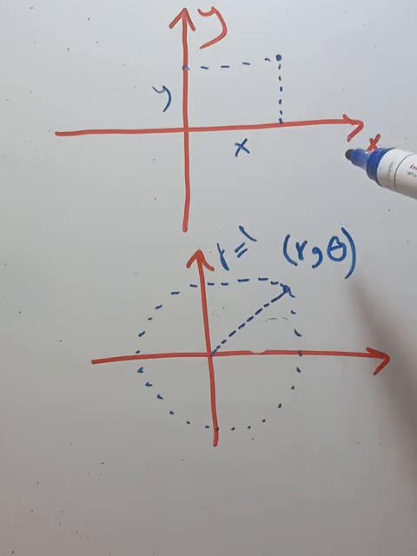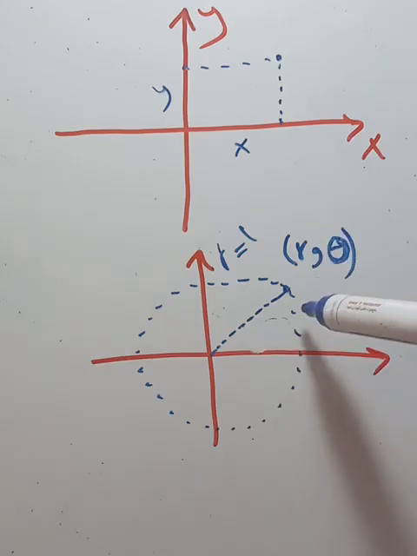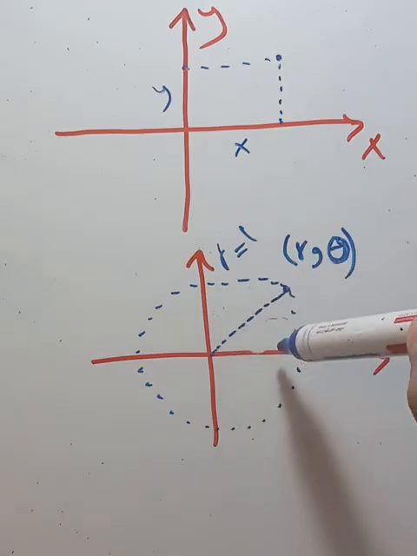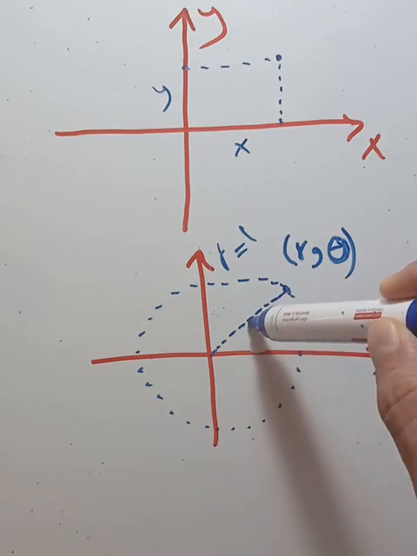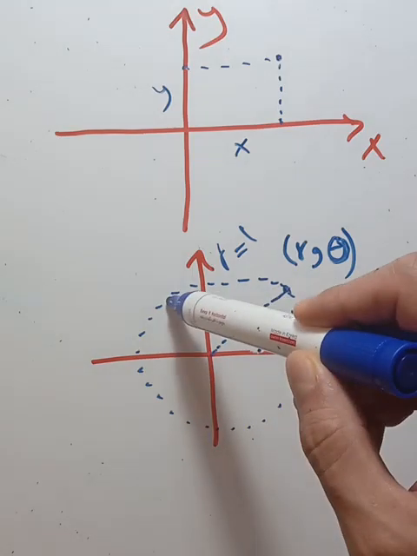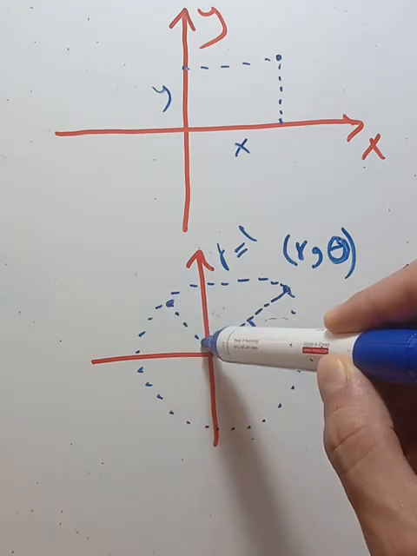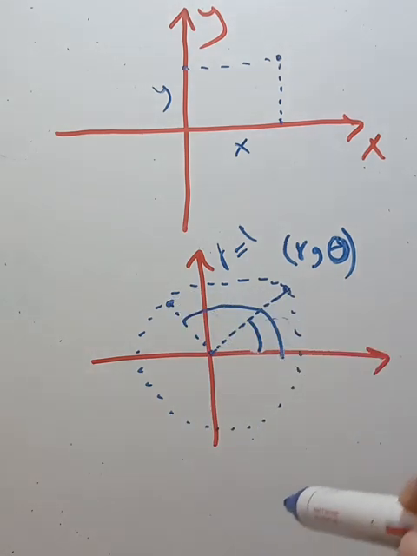But the theta identifies each point because each point has a different theta. For instance, this point has this theta, this point has this theta.